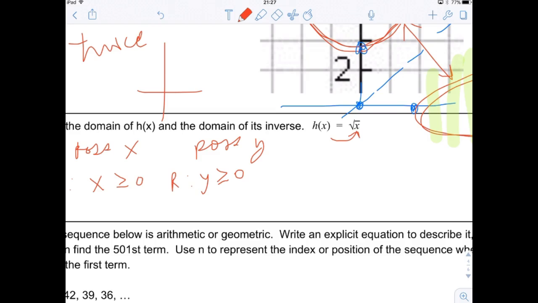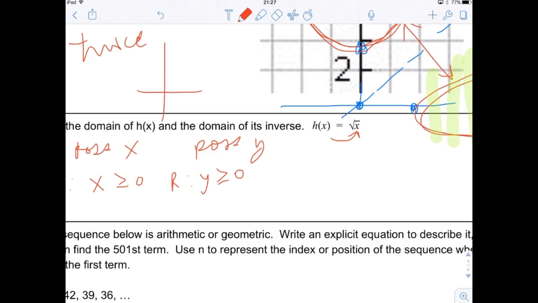Once we know that the range of this function is all positive values and 0, we can figure out the domain of the inverse. Why is that? Remember how the domain is all possible x's, and the range is all possible y's?